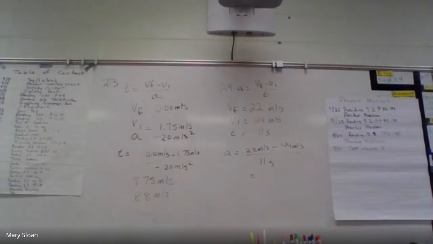Let's get your calculator out. Okay, let's see what's going to happen. So we're going to do alpha y equals. There you go. Now do you see how it gets that? Now do 22 minus 44.